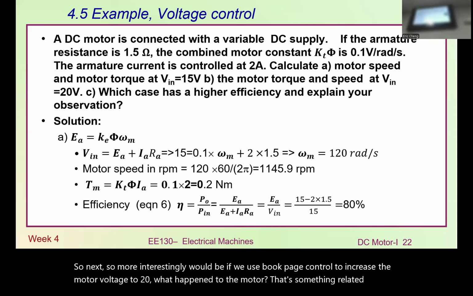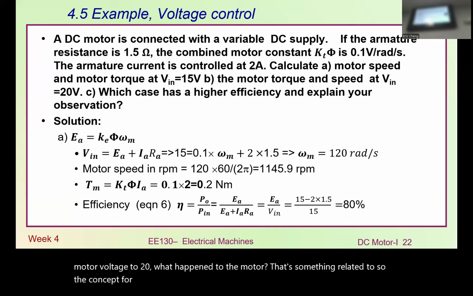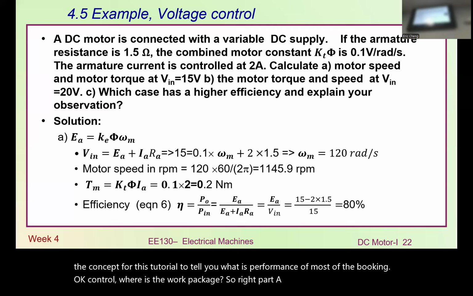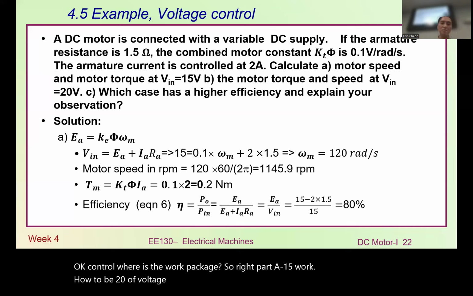The concept of this tutorial is to tell you the performance of the motor when we vary the voltage. The voltage control varies the voltage. Like part A, 15 volt, part B with 20 volt. So for part B, let's redo everything again to see how the performance looks.